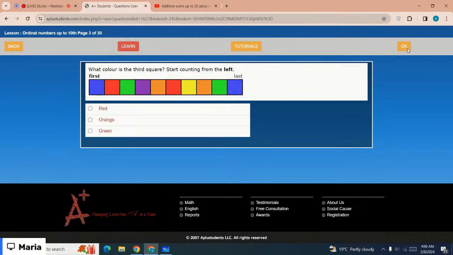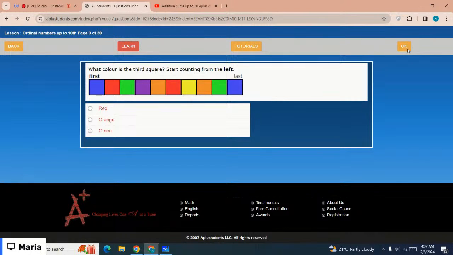The next one is: what color is the third square? Start counting from the left.